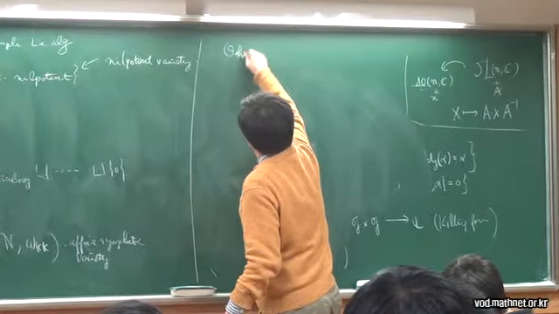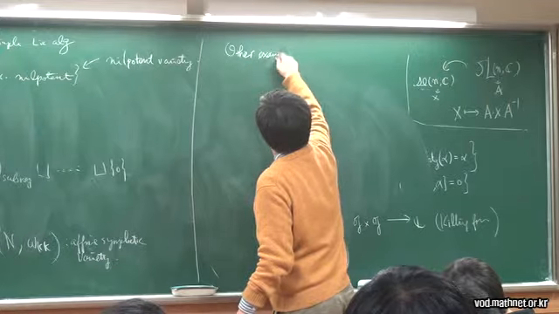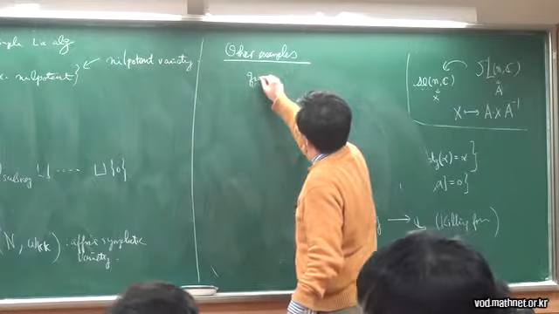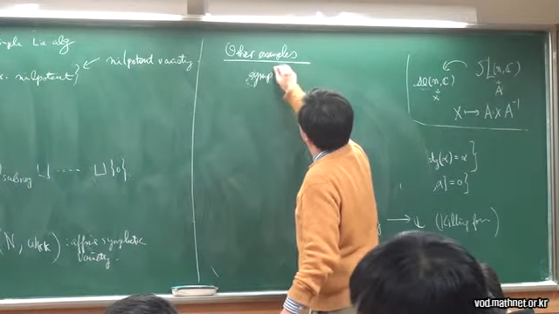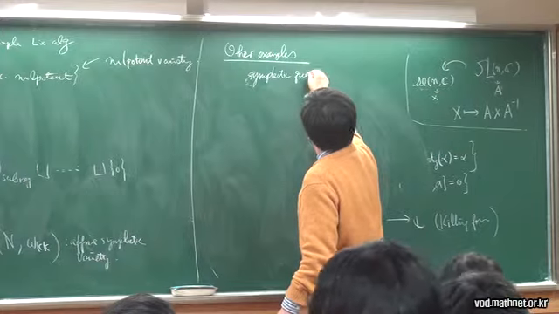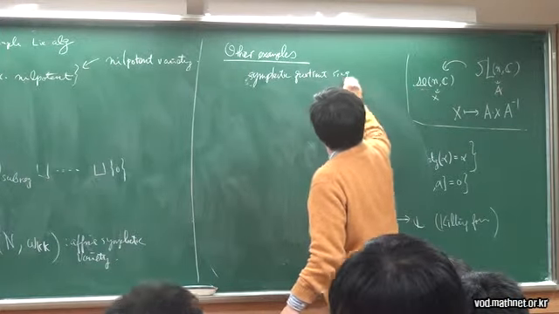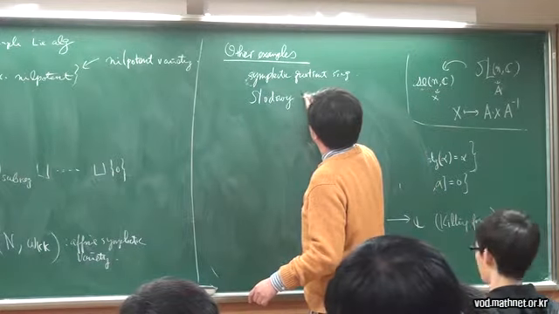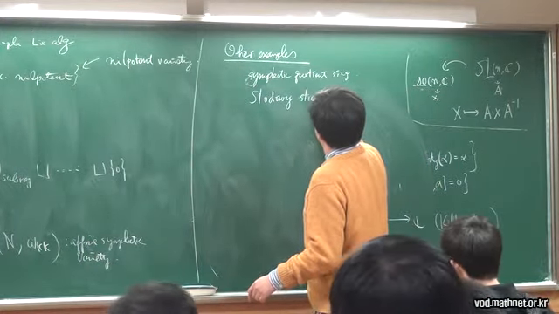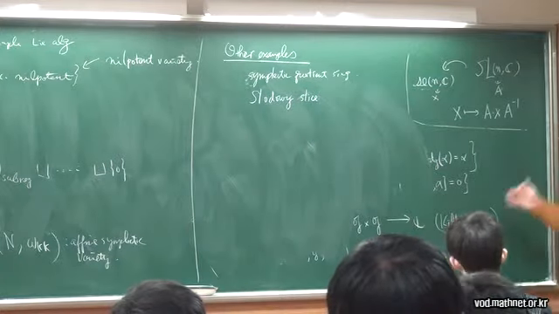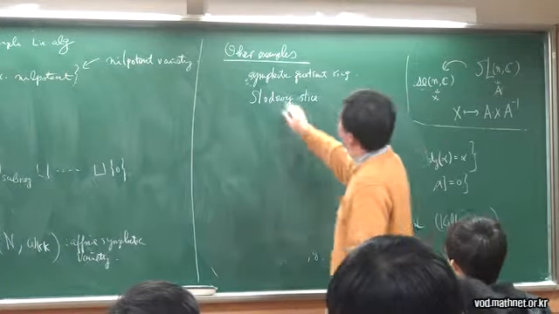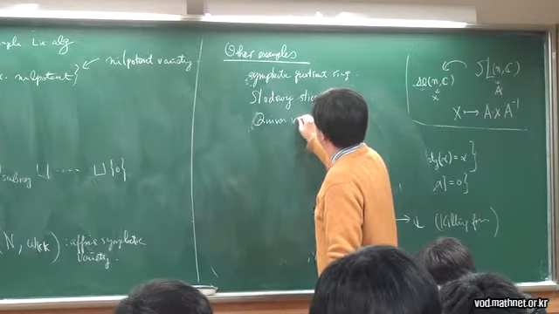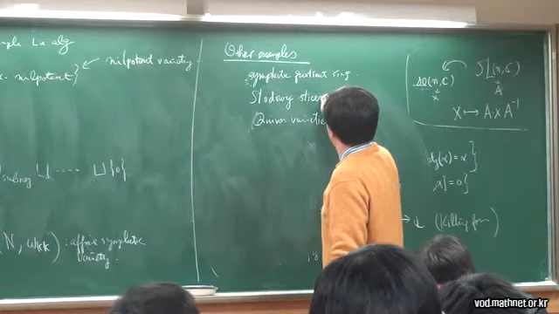Other examples include symplectic quotient singularities, and some Slodowy slices, which I don't explain, Slodowy slices for a nilpotent orbit inside a Lie algebra, and Nakajima's quiver varieties, and so on.